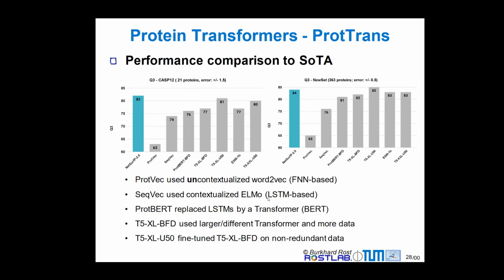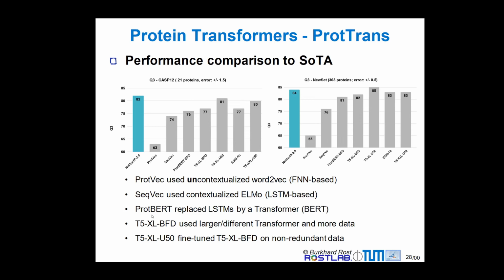We then introduced context, essentially, by training the NLP language model Elmo, which is LSTM based on UniRef 50. This created different embeddings for the word apple depending on the context. And here you see this nice jump in performance from 63 to 74.